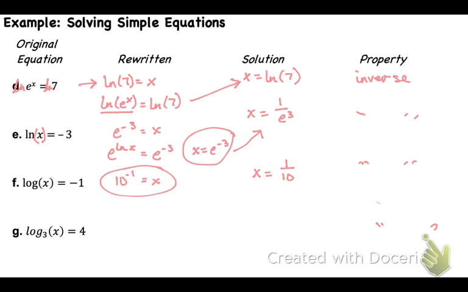Log base 3 of x equals 4. Three to the 4 equals x. So x equals 81. That was pretty good. Quick.